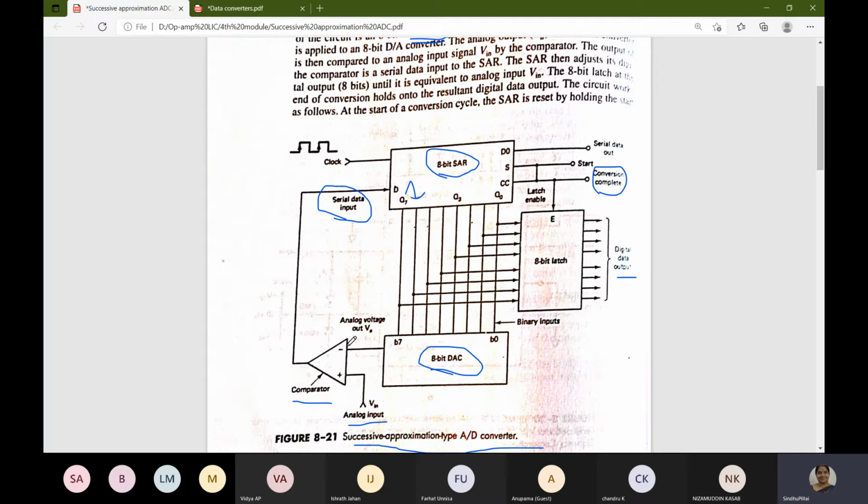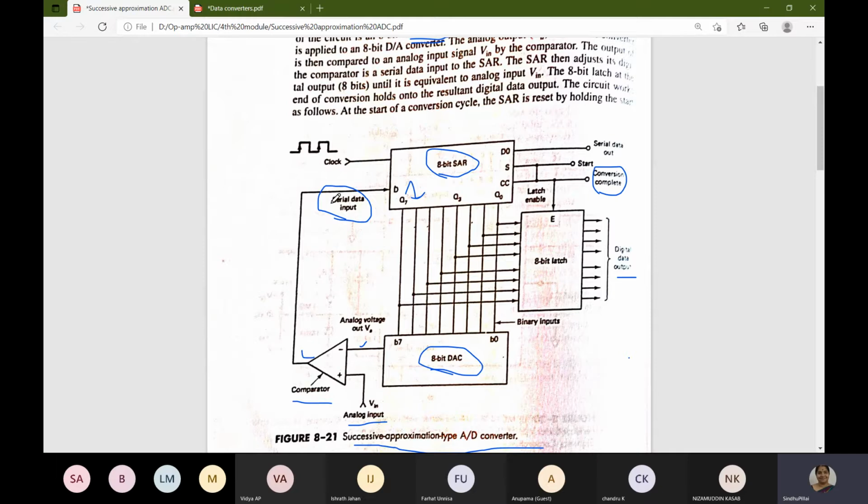So the analog signal will come to the inverting terminal. That analog signal is compared with our analog input. Okay, both are compared. If the DAC input is greater, that means the inverting input, the output will be low. And if Vin is greater, it will be high. This high and low are again fed to this register. Okay, that register will compare and it will fit.